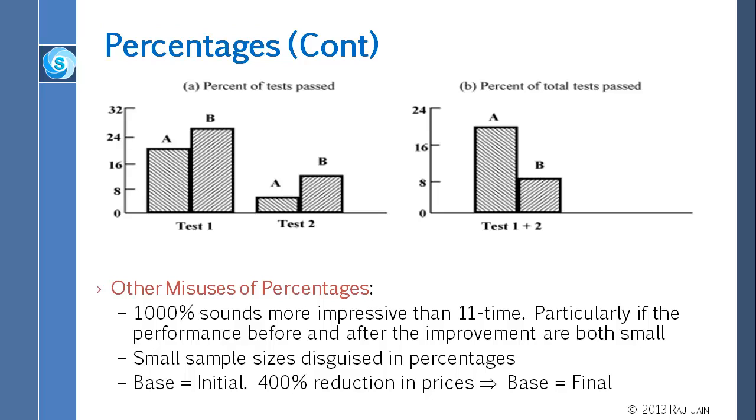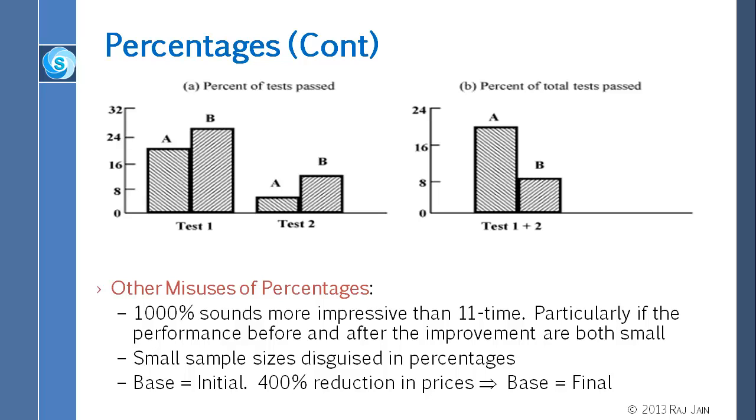It is written in the corner of the TV that the error is 4% in this survey. But the same thing is that small sample sizes are disguised in the percentage. Instead of saying that we asked 25 people and 5 people agreed, they say we took a survey, 67%, something like that, because the survey has a very small sample size.